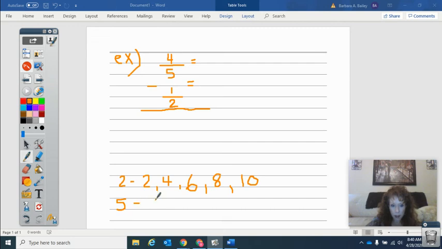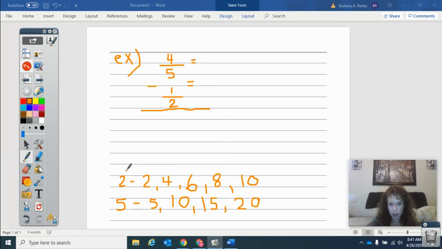So 5 times 1 is 5, 10, 15, 20. I mean, I could keep going, but maybe by now you've already seen the lowest common multiple.